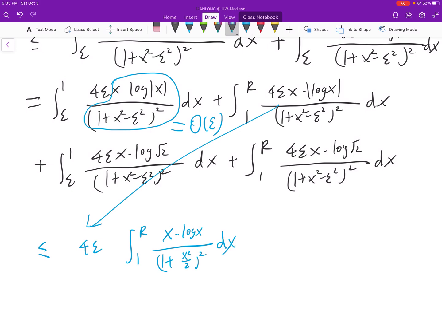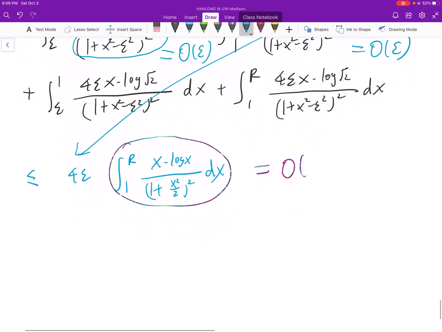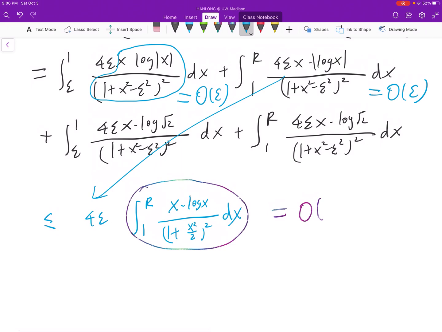This integral is bounded because your denominator is quite large. It's degree 4, but the numerator is only degree 1 plus epsilon. So the whole thing is still O of epsilon. And similarly, for this part, this is bounded, and therefore it's O of epsilon.